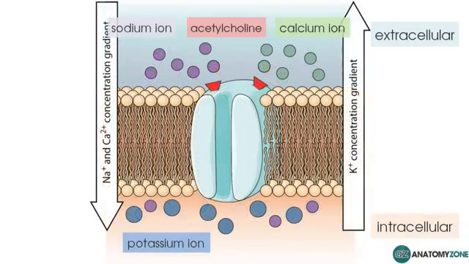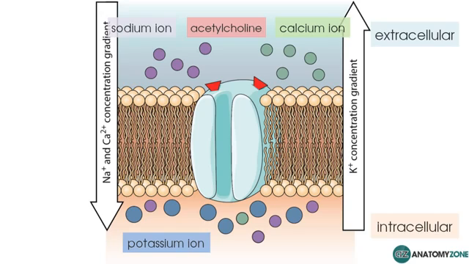So when the neurotransmitter binds to the receptor, you can see that it opens the channel. And this allows the influx of the ions, which are higher in concentration in the extracellular fluid, to pass into the intracellular fluid, where they're lower in concentration. So you've got the sodium ions, and you've also got the calcium ions entering the intracellular space.